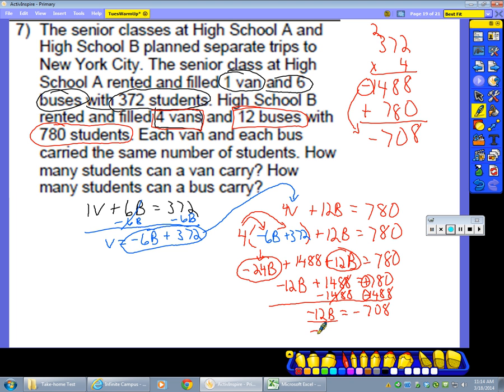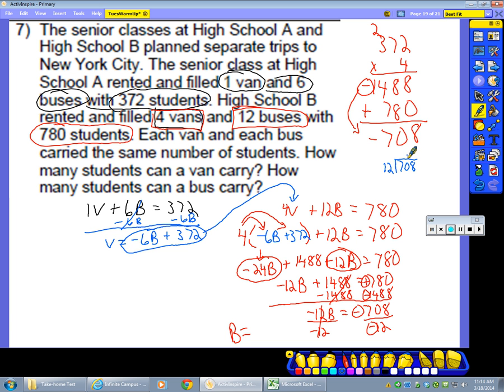I divide both sides by negative 12. A negative divided by a negative gives me a positive, which is good because the number of people in a bus should be positive; you can't have negative people in a bus. So we've got 708 divided by 12, and you might have to use some guessing and checking.